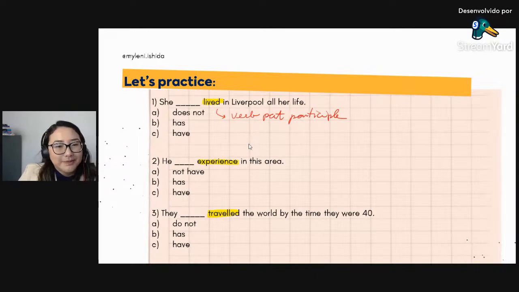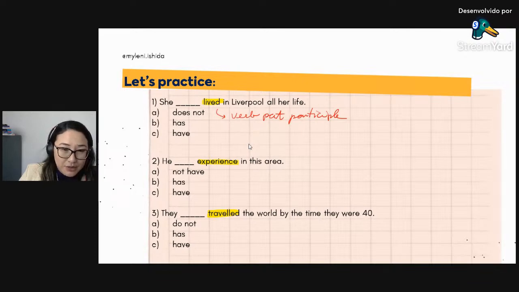Number 2, he experienced in this area. He not have, he has, or he have. Number 3, they do not travel to the world.